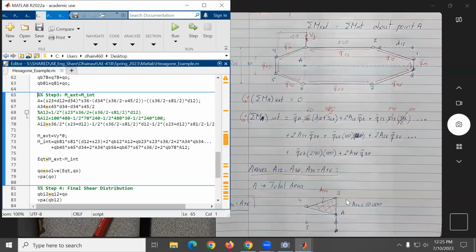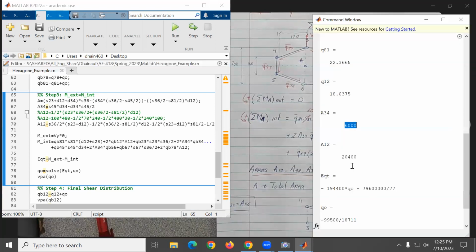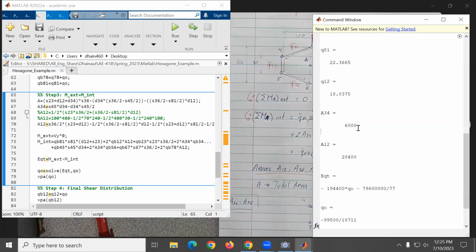So we know this one will be equal to A56. Similarly, we do the same thing, would be 6,000.